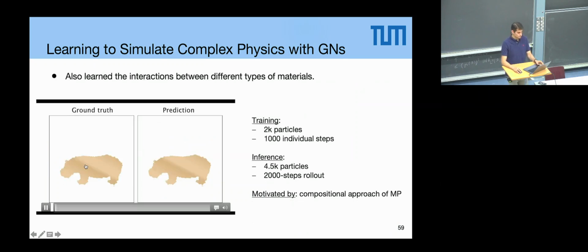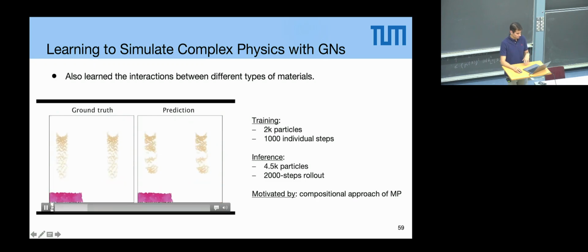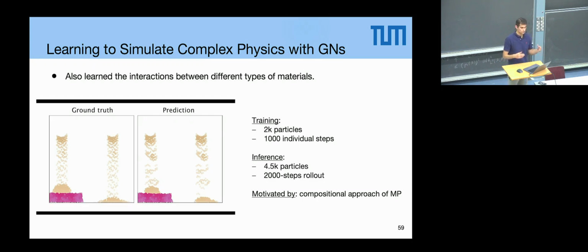Here we have some simulation where we have a different kind. Well, here they only consider one kind of material, but here we have three kinds of materials. This is also some generalization cases. The graph neural network works the same. If we have 1, 2, 3, 4, or any number of materials, we just need to be using those one-hot vectors for indicating the kind of material that we have.